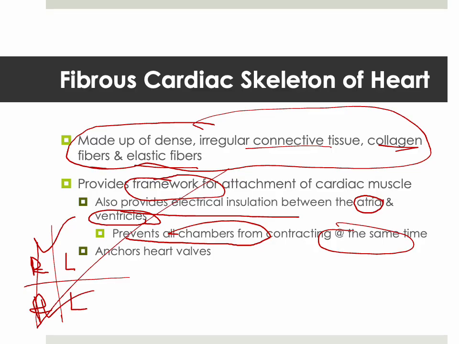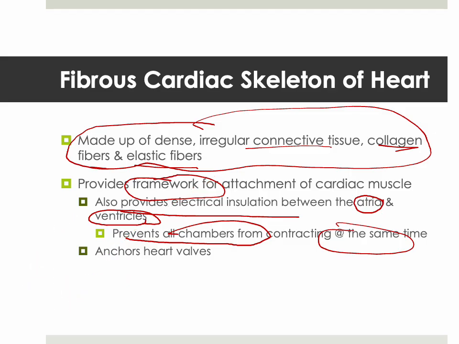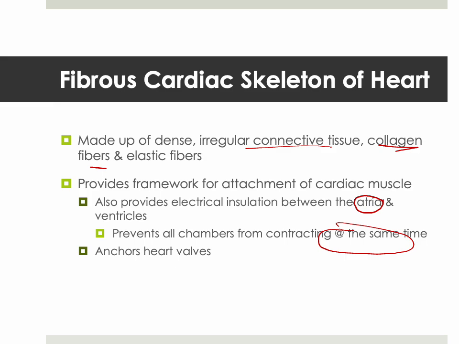If all of these are pumping at the same time, nothing is going to come in, nothing is going to come out, so it's useless. That's one of the functions of the fibrous skeleton of the heart, okay? Think about this fibrous area as insulation and not electrically conductive. What is electrically conductive is the cardiac muscle, okay?